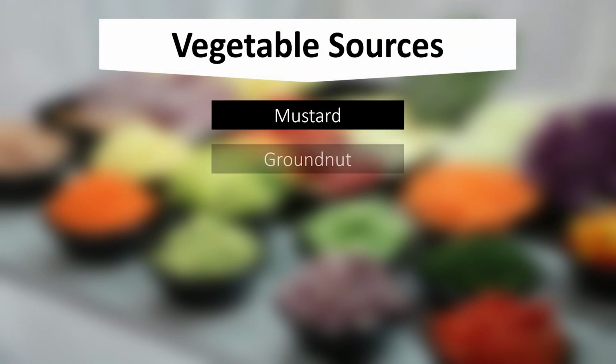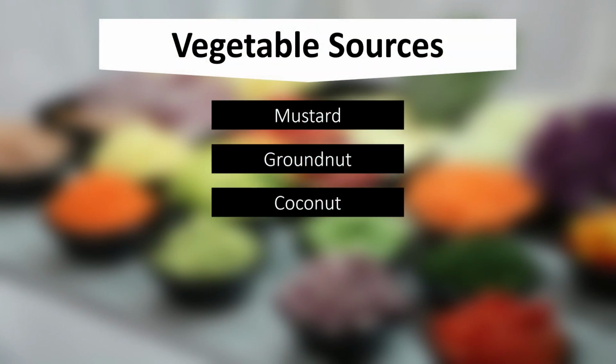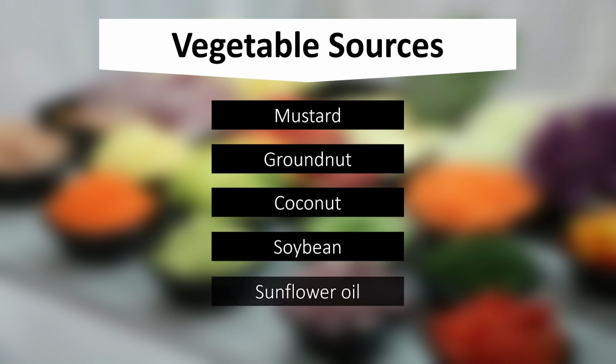They also are rich in proteins, as you will see later. But it is the oils which are extracted from the nuts and oilseeds which are the major visible sources of fat in our diet. We may use either the mustard oil, the groundnut oil, the coconut oil in some areas, or the soybean oil, sunflower oil, whichever oil we use, that is the vegetable source of fat in our diet, the visible.